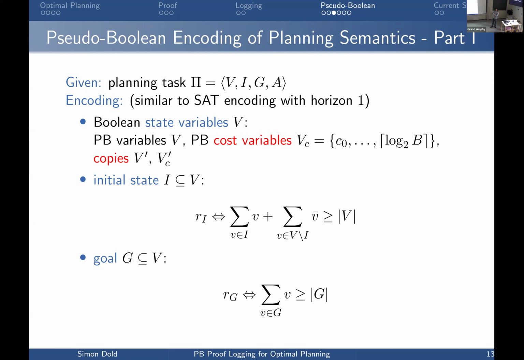And for the goal, we do this similarly, but for the goal, we just care about the things that are true, and things that are not mentioned in the goal condition, we don't care about them, whether they are true or false. So we have a smaller conjunction there.